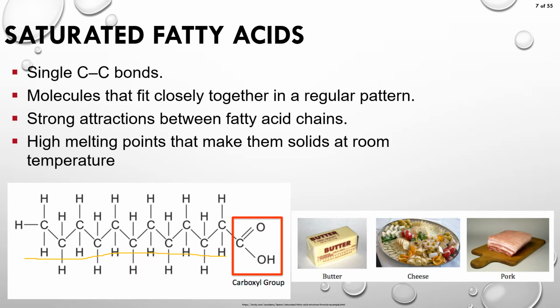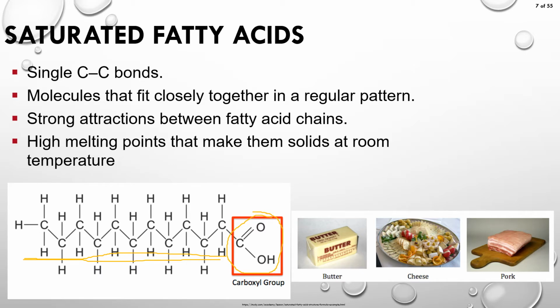All are single carbon bonds, and at the end of the molecule of the fatty acid is the COOH or the carboxyl group. So remember, a saturated fatty acid has a long chain of carbon to carbon single bonds, and at the end of the chain is a carboxylic group.